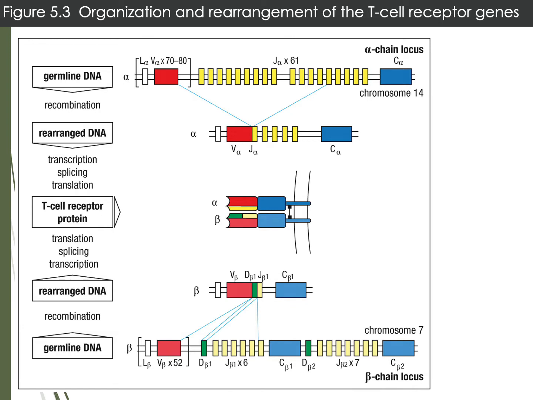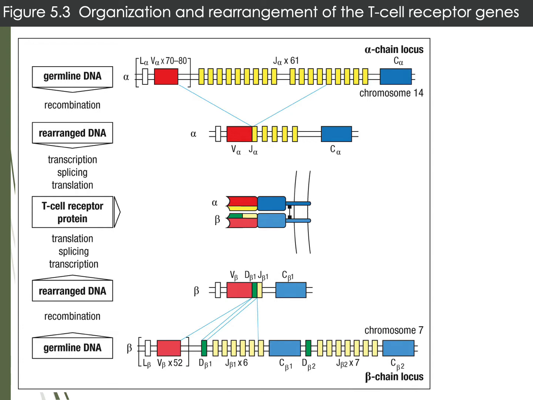For T cells, the alpha chain is going to undergo rearrangement, and also the beta chain would undergo rearrangement. And so you can see how, when the rearrangement occurs, you're going to have the V and J joining for your alpha chain, and then your beta chain actually has a diversity region.